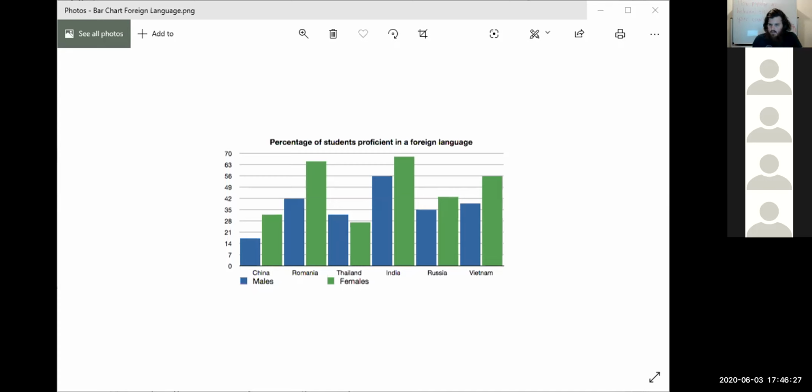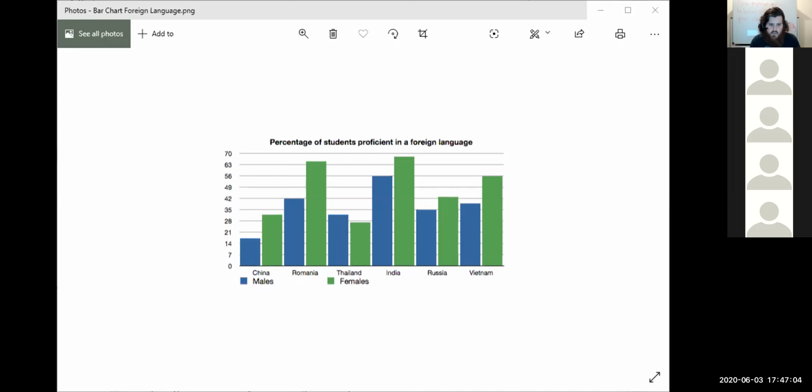There was a similar trend for both countries. Trend, great. For both Thailand and Russia. So there was a similar trend for both in what category? In male language proficiency. Just make sure you pop that one in.